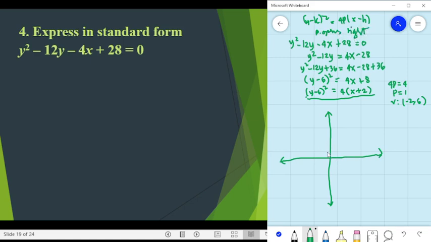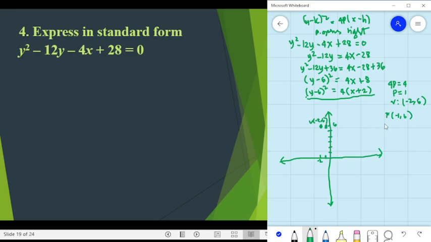Okay, so negative 2, 6, 1, 2, negative 2, 1, 2, 3, 4, 5, 6. So this here is your negative 2, 6, your vertex. Okay, so from this vertex, where is your focus? Since it opens to the right, from this point you count 1 point so you have the focus. So your focus has coordinates negative 1, 6. Right? Negative 1, 6.